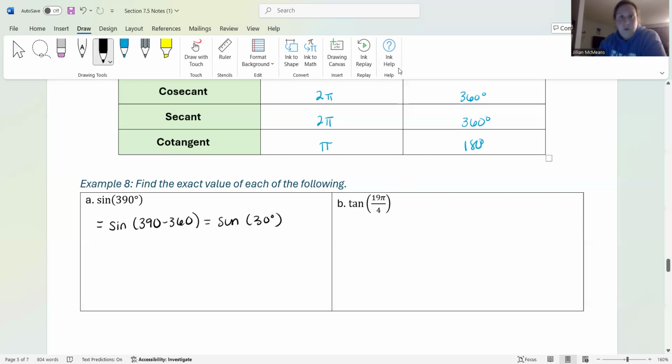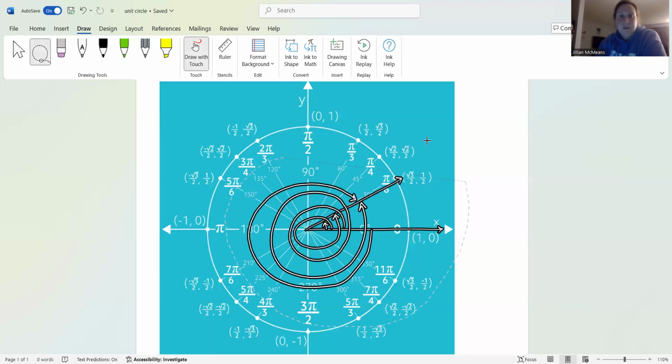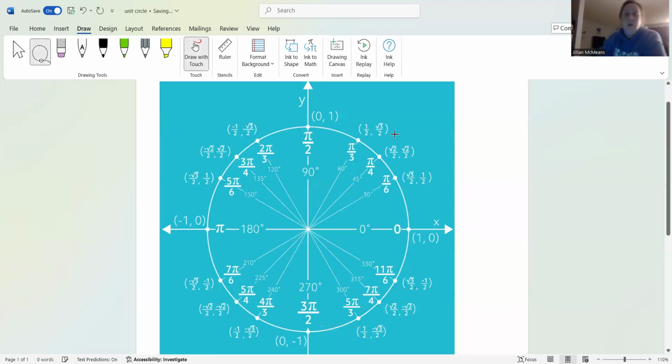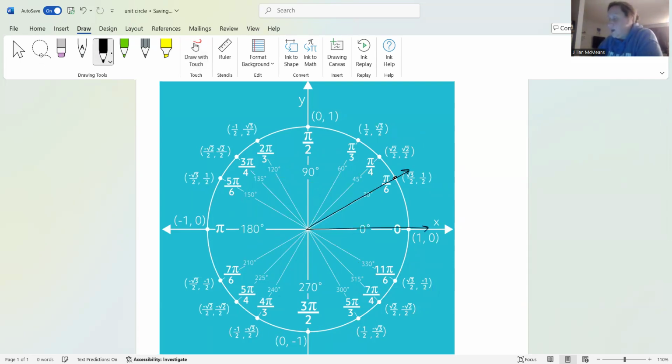If we were to pull up our unit circle, hopefully you already know what sine of 30 degrees is, but if not, I'm here to show you. Let me erase all these lines so they don't confuse us. If we want to find sine of 30, we have our initial side here. Our terminal side is at 30 degrees. And we know that sine is the y coordinate of a 30-degree angle.